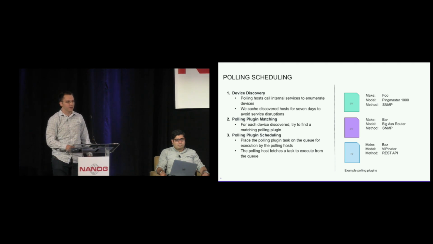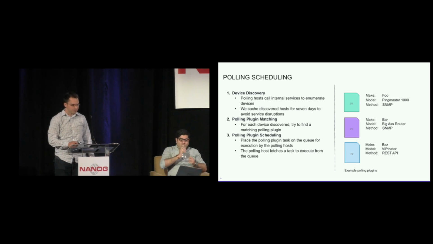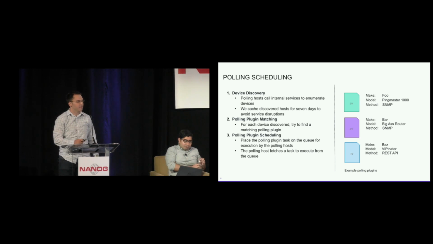So plugin scheduling begins at the discovery layer. The discovery layer calls an internal service to enumerate which devices to poll. For service resiliency, we cache this list of devices for 7 days. Again, this allows Panoptes to function in the event the central service is unavailable or down.